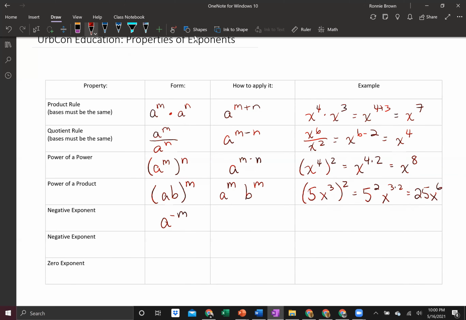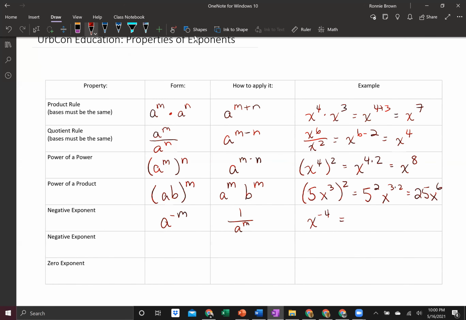However, we could if we chose to. So knowing that it's in the numerator right now, we want to bring it down to the denominator. And when we do so, it becomes positive. So it becomes 1 over a to the mth power, right? So all we did was bring this base and its exponent that's negative down to the denominator, and it becomes positive.